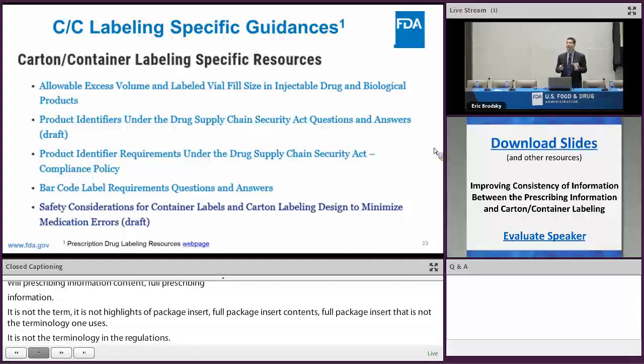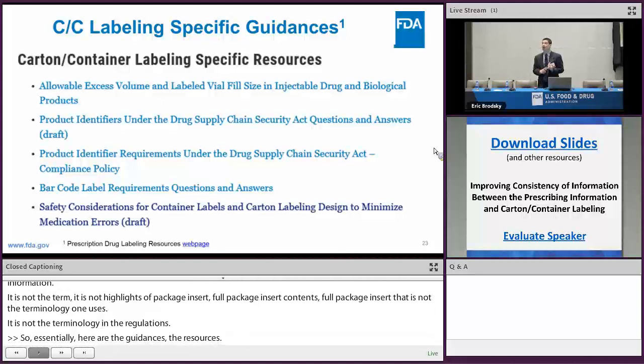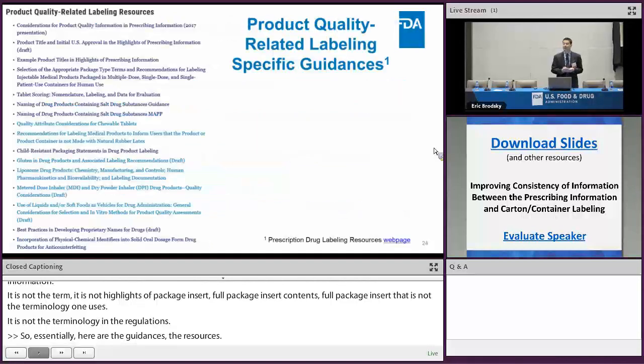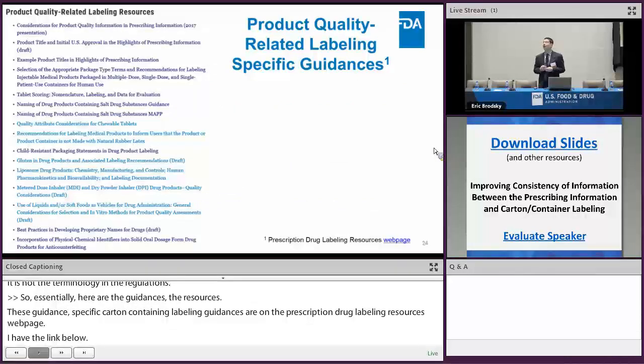So essentially, here are the guidances, the resources. These specific carton container labeling guidances are included on the CDER Prescription Drug Labeling Resources webpage, and I have a link below. Product quality related specific guidances are included on the Prescription Drug Labeling Resources webpage.